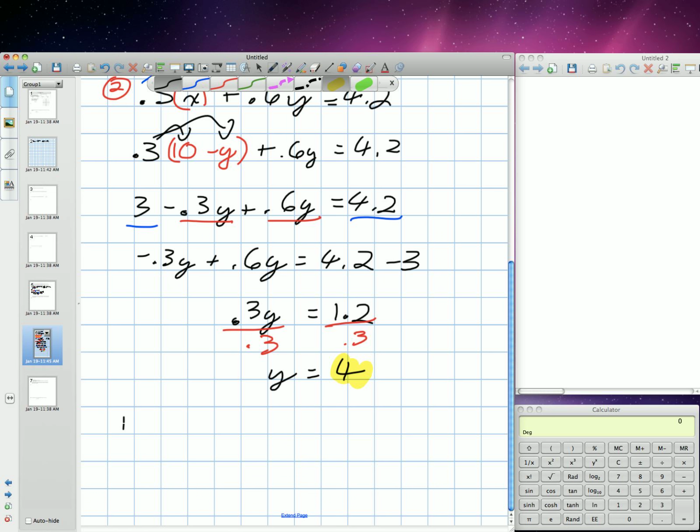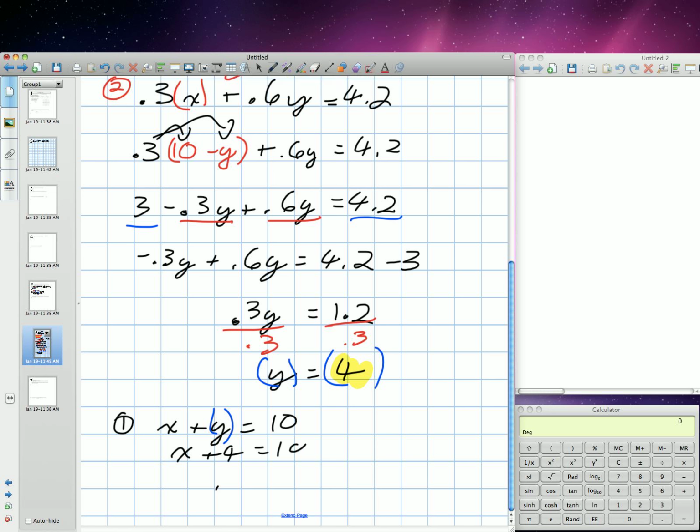Equation 1 said x plus y was equal to 10. So in this case, we're going to replace y with the number 4. Quickly, what is x going to be in this case? That's right, 10 minus 4. x equals 6.